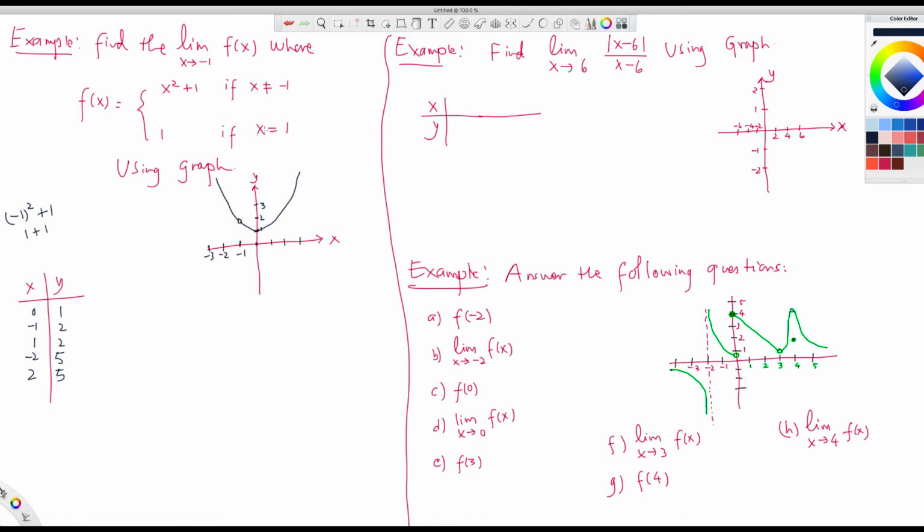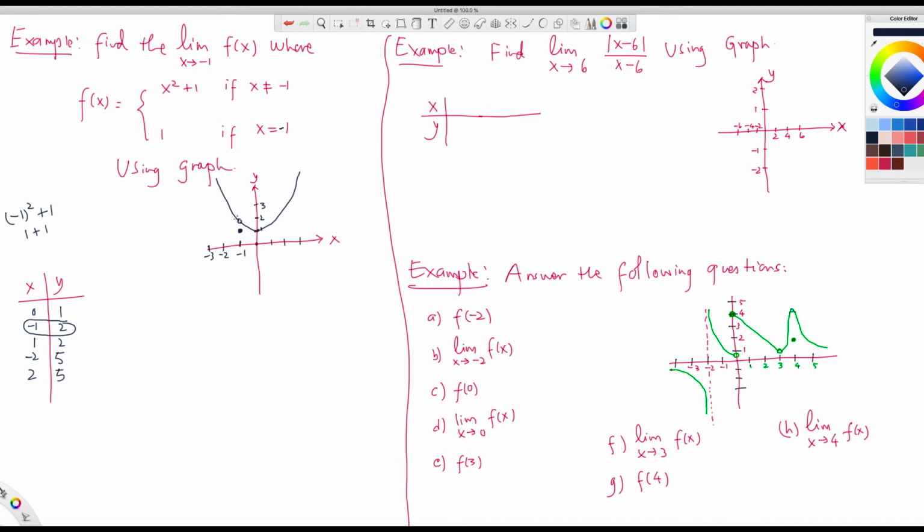But what is the height at -1 though? It is 1. This is what the graph looks like. Actually, I used this one just to draw the graph. But when you look at this piecewise function, this point does not belong to this graph.